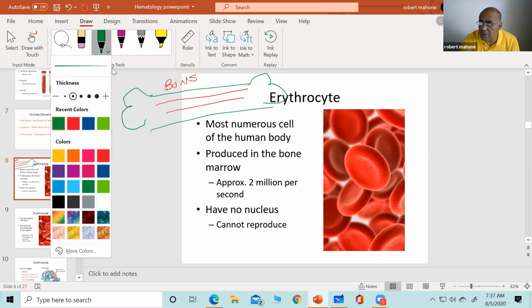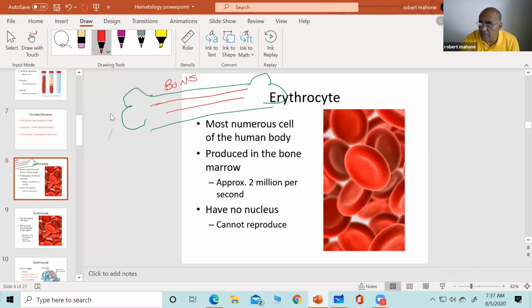The area down the middle of that bone is where the bone marrow is. And in there, we produce all of our blood cells. The red cells are manufactured in there for a specific reason.